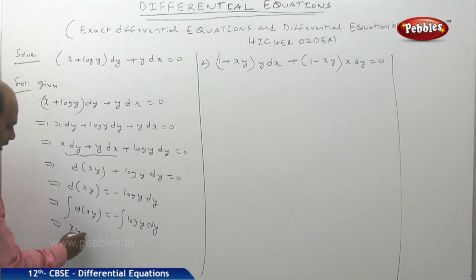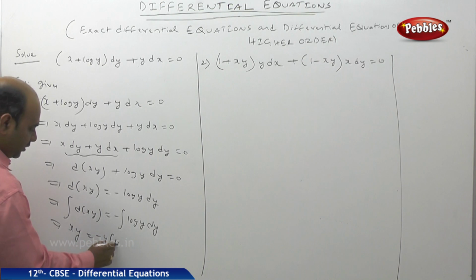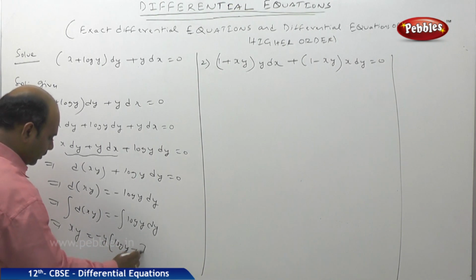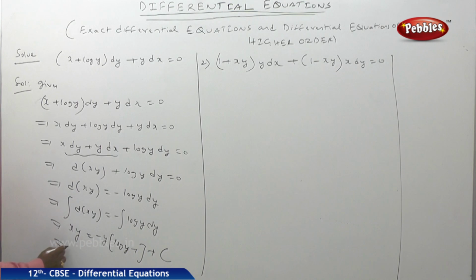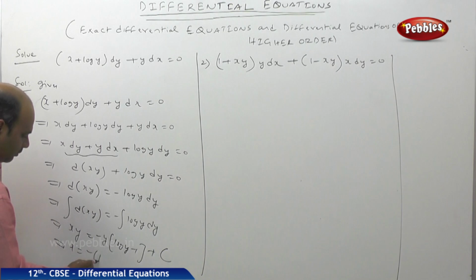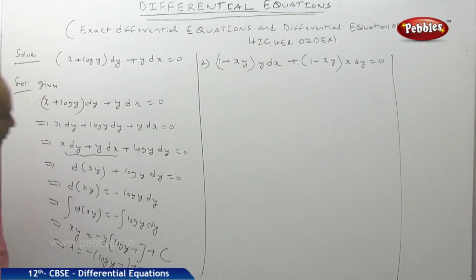So here also, minus will be outside, y into (log y minus 1) plus c. I think y will get cancelled. So finally our result will be x equals minus (log y minus 1) plus c. Very important result we should remember.